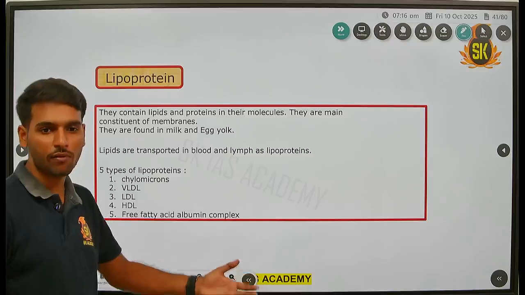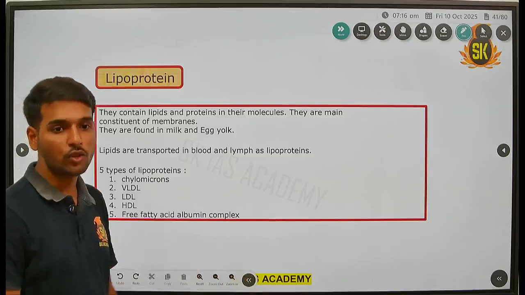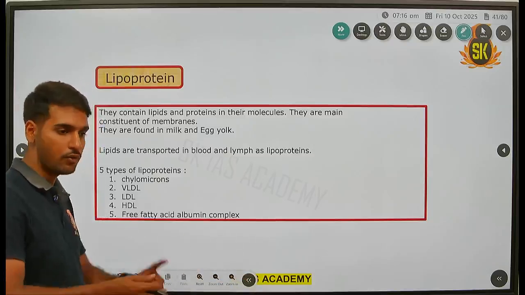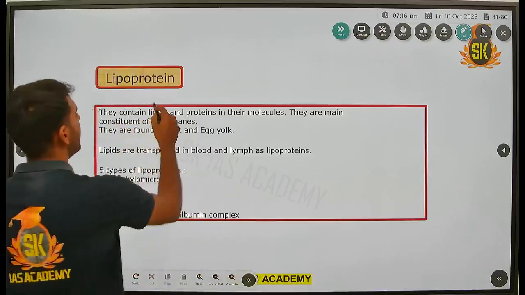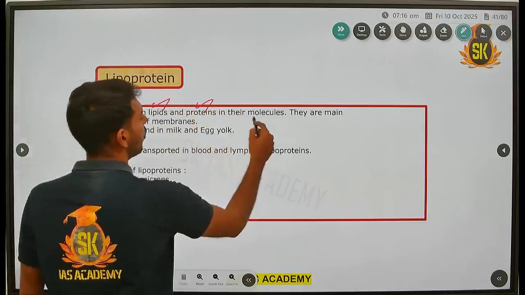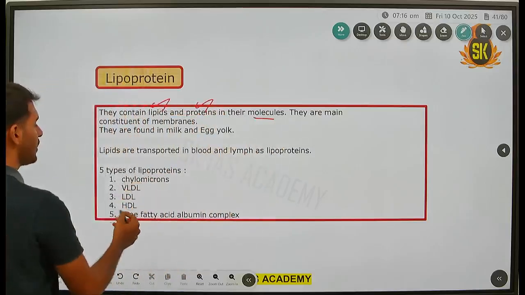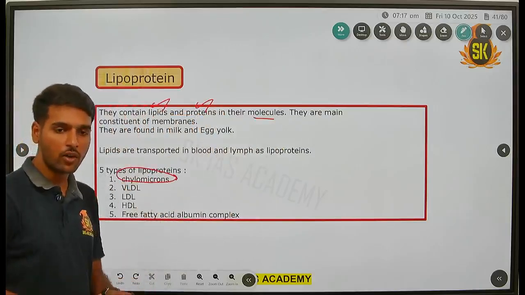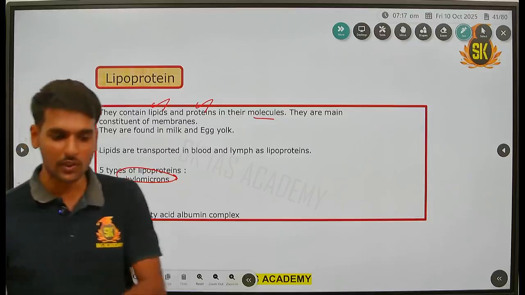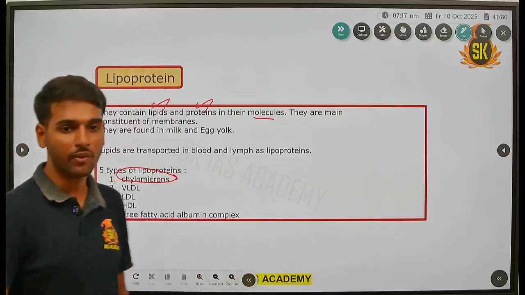Second, lipoprotein, again a type of conjugated lipid. Phospholipid over, glycolipid over, now lipoprotein. They contain lipids and proteins in their molecules. Examples: chylomicrons. Chylomicrons are again carrier molecules which transport lipids within our blood.